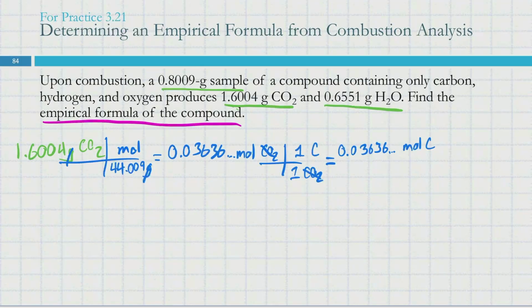For hydrogen, we start with our grams of water. We'll divide by our molar mass of water to figure out how many moles of water we made. We made this many moles of water.